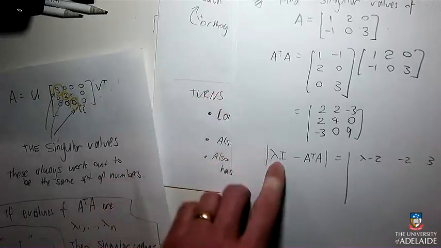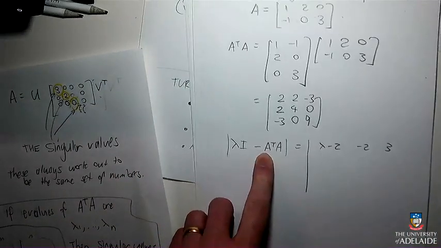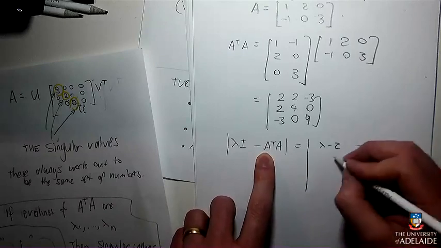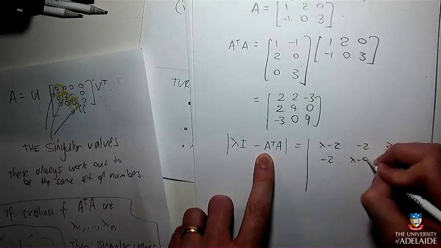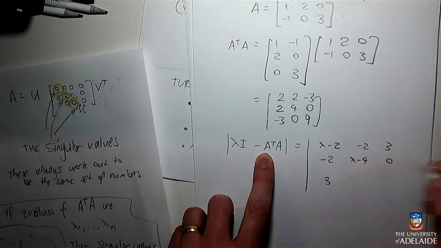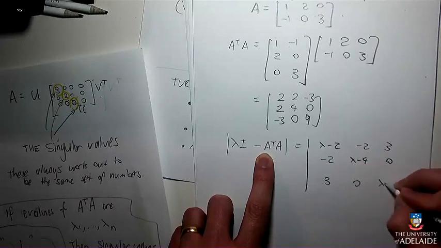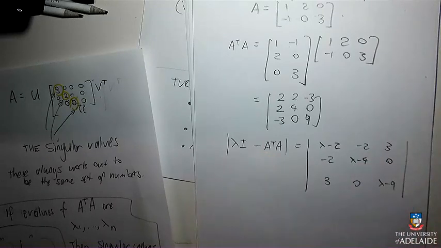So I'm doing lambda I minus A transpose A now to find its eigenvalues. Oh, man. All right, yeah, I've painted myself into a horrible corner.